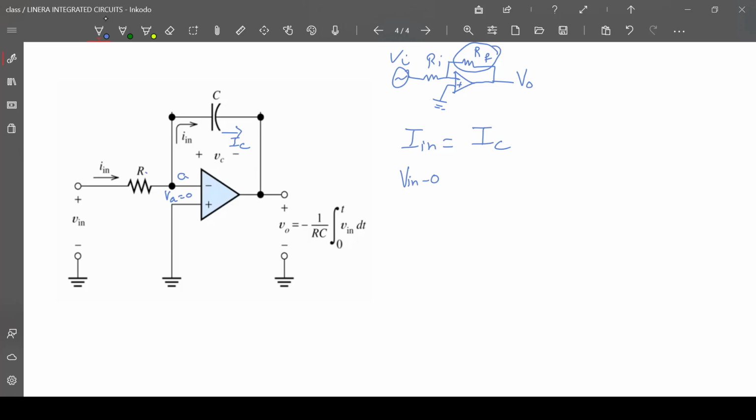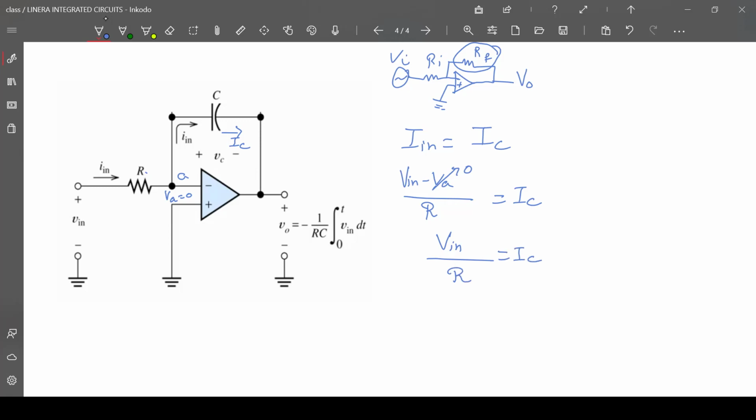According to the virtual grounding concept, VA will be considered 0. So this equation can be written as V in minus VA by R is equal to IC, where VA will be considered as 0. So the equation will become V in by R is equal to IC.